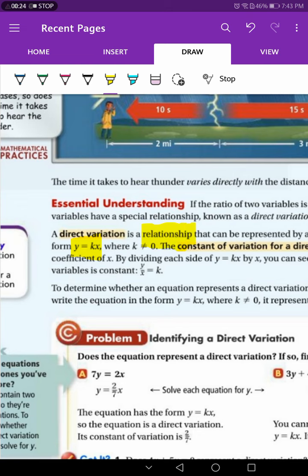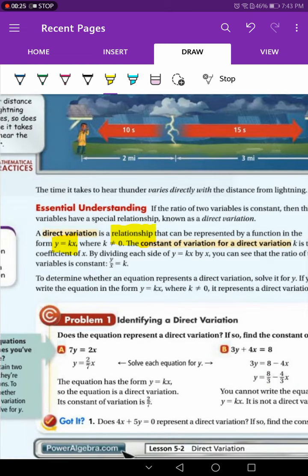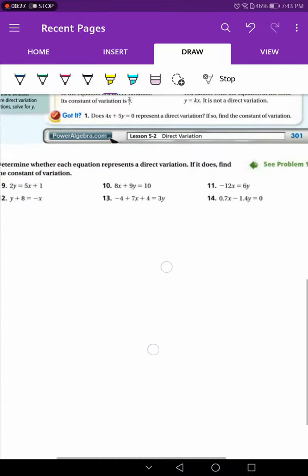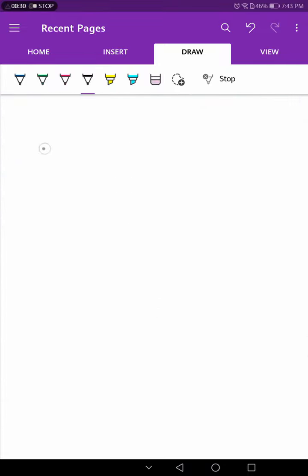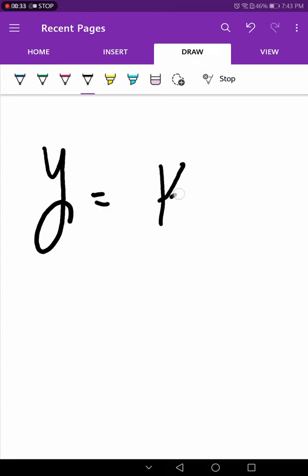that can be represented by a function, and the function is y equals k multiplied by x.